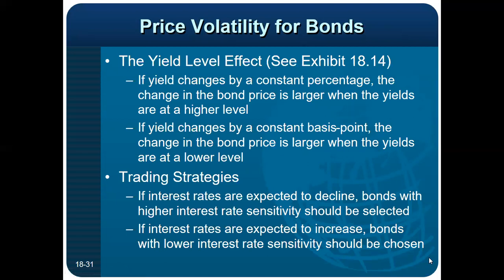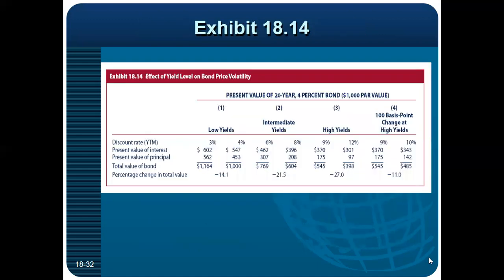All right, so the yield leverage effect, you can read by your own. Trading strategies, you can read by your own. So please look at this exhibit 18.14. So the percentage change in total is decreasing. It is at a diminishing rate.